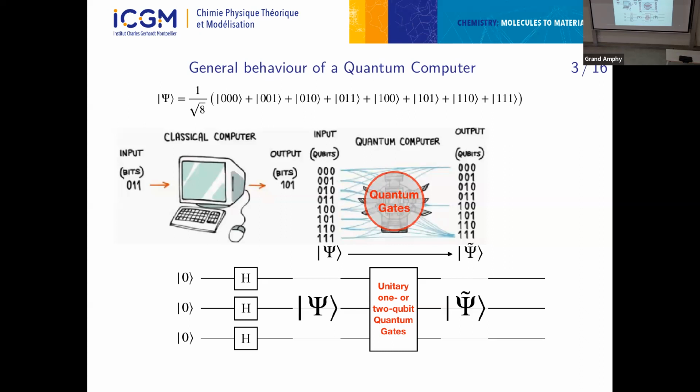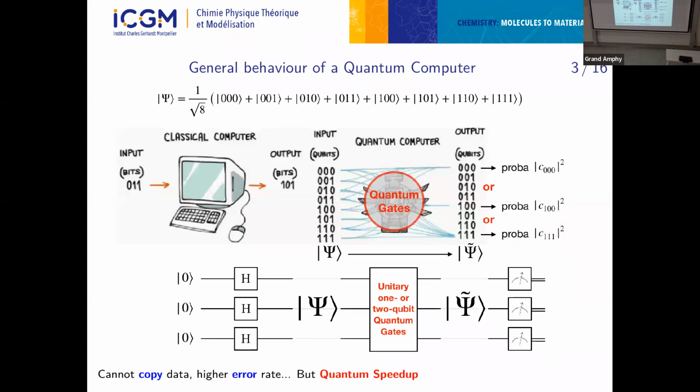And once you apply all those unitary 1 and 2 qubit gates, you have another state here that in this example is only a combination of 0,0,0, 1,0,0, and 1,1,1. And when you measure, you have the collapse of your state. So you only get the classical information at the end. And this classical information is one of those 3 bit strings with a probability that depends on the coefficient in front of this configuration.